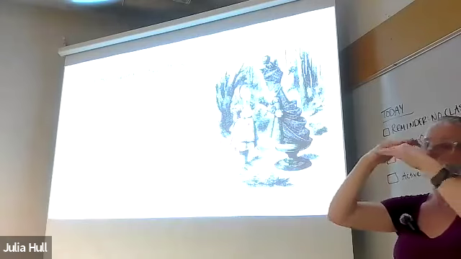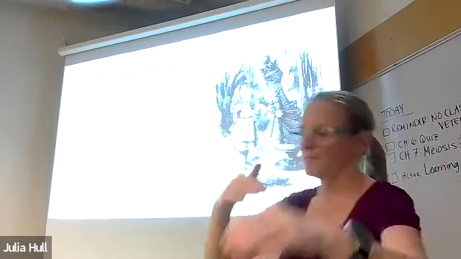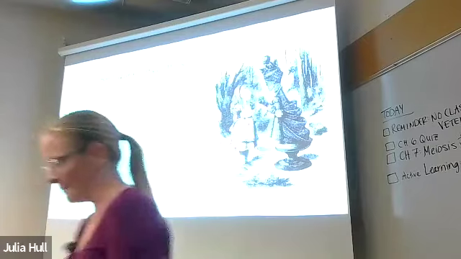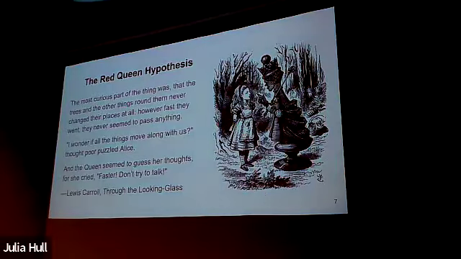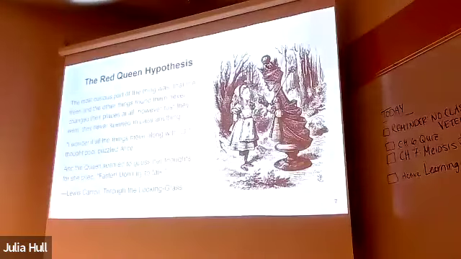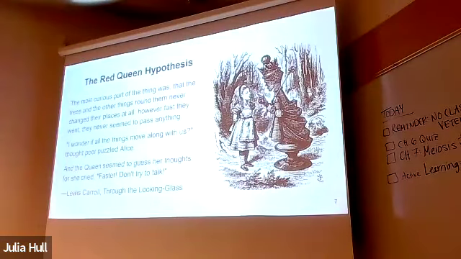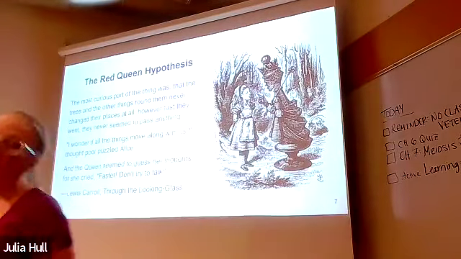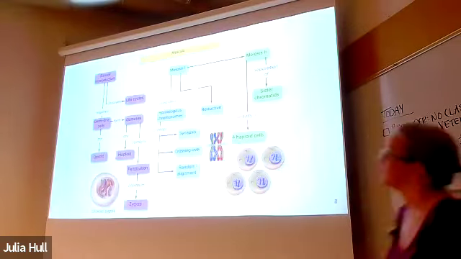Like the difference between the manipulator and the manipulee, that's not a word, is the same distance, right? But we're always trying to outdo the other, but we're not really getting anywhere. Okay, so that's an explanation of why we see sexual reproduction.